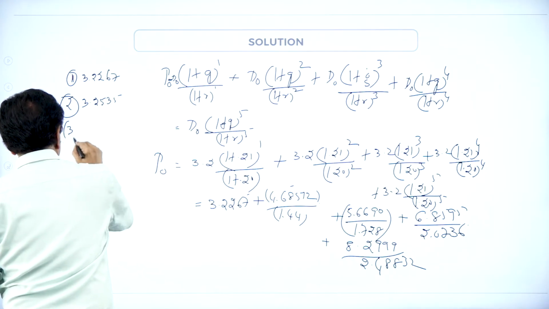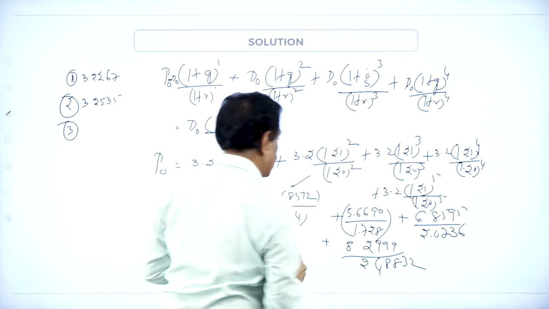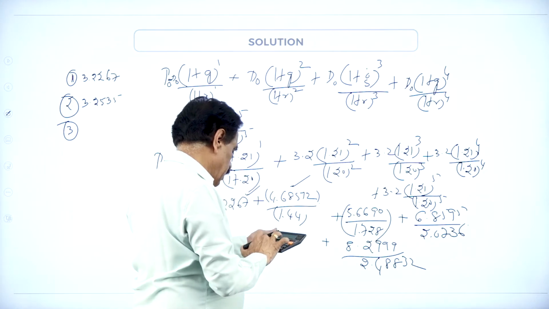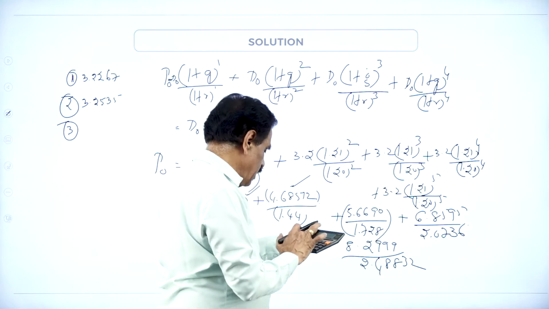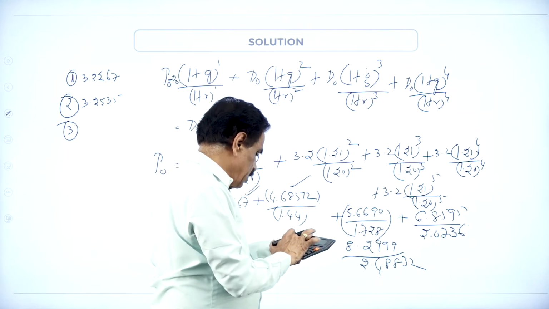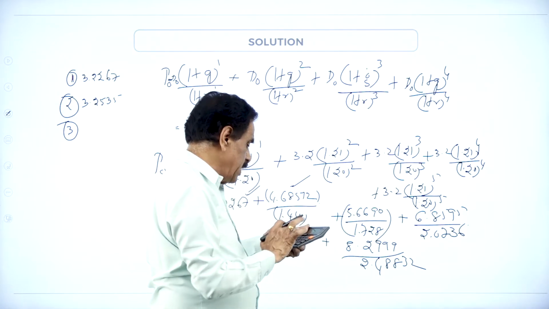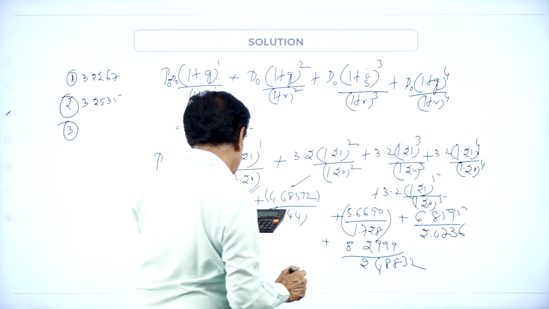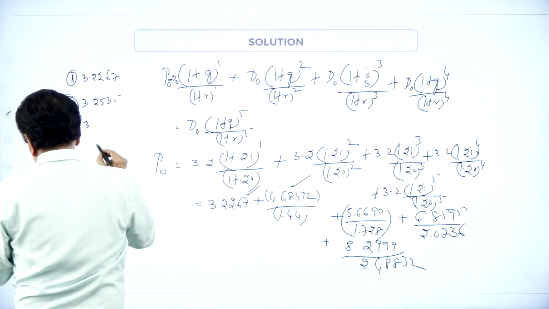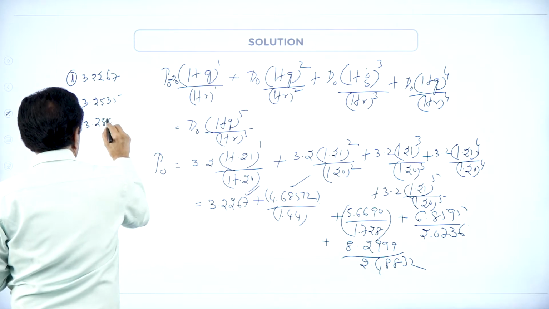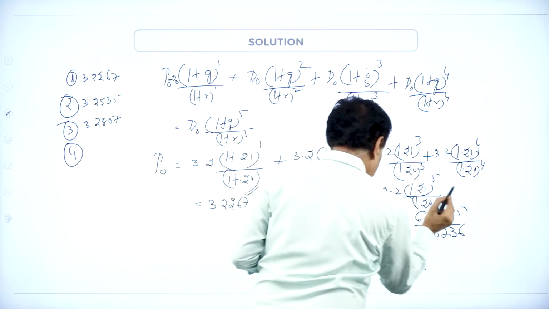This is for the second year. Third year: 5.6690 divided by 1.72728, 3.2807.